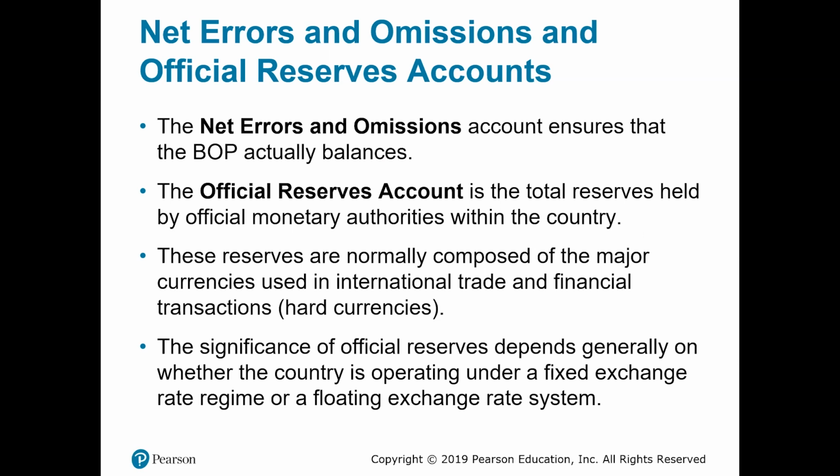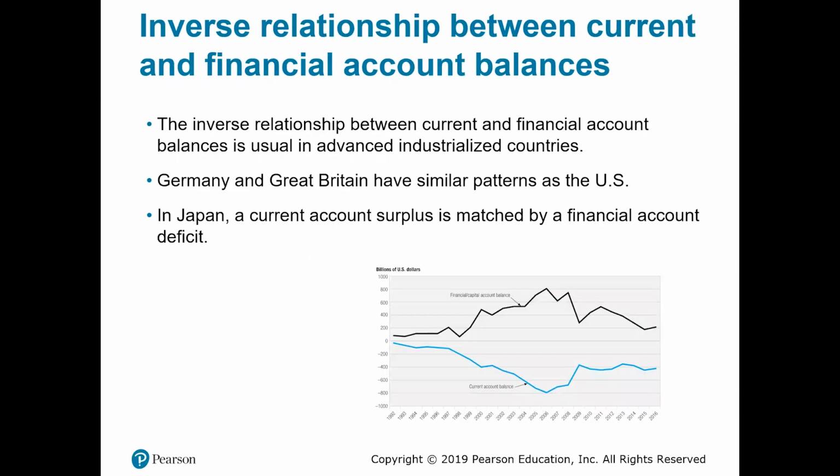Okay, so we were actually talking about the inverse relationship between the financial and capital account and the current account. We gave this example, we showed that in the USA there was a current account deficit, but almost an offsetting amount of financial and capital account surplus.